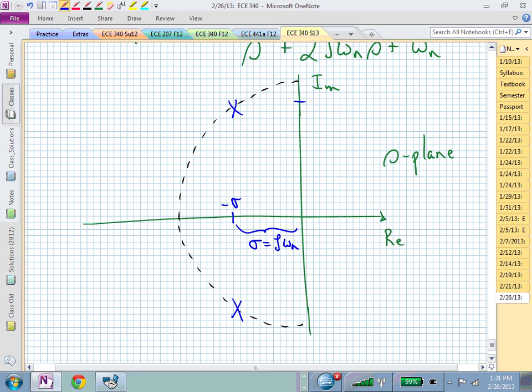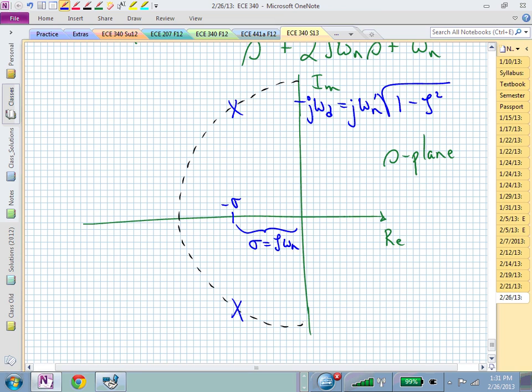This distance is now our damped frequency, omega sub d, which is then at a location of j omega sub d. This is related to the natural frequency, omega sub n, by this scaling factor, square root of 1 minus zeta squared.